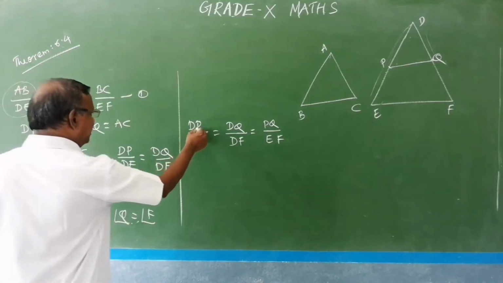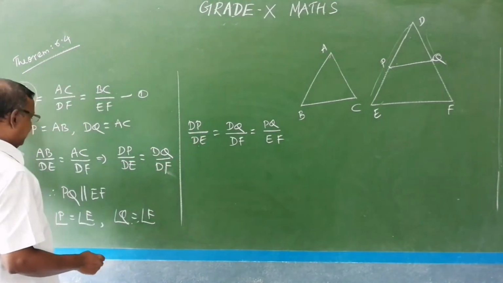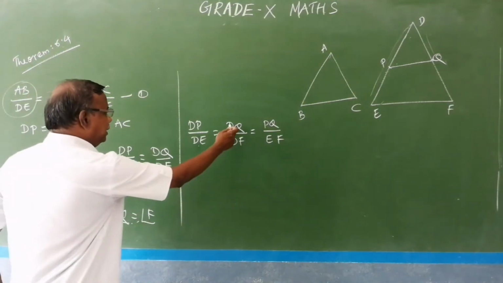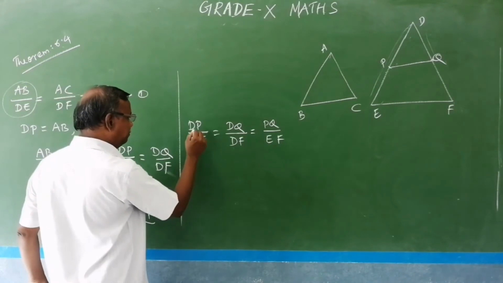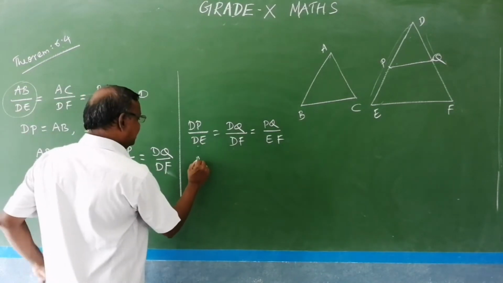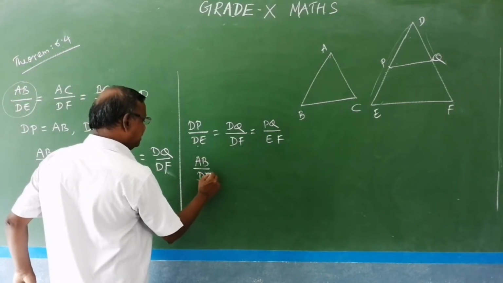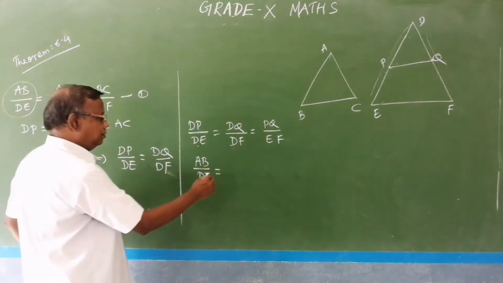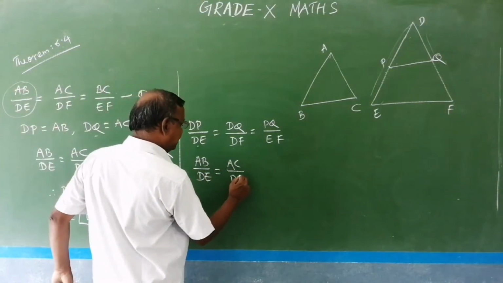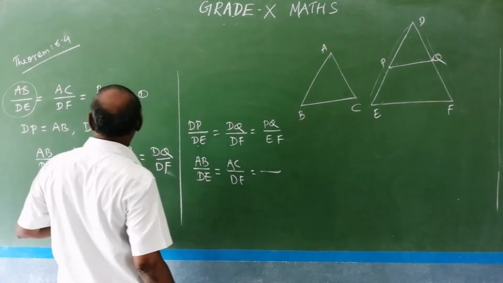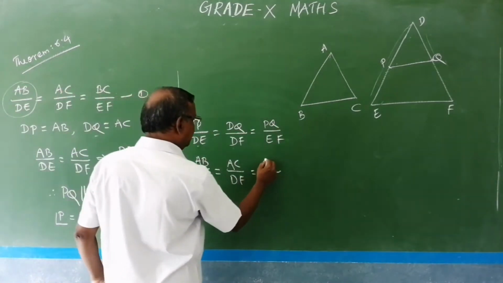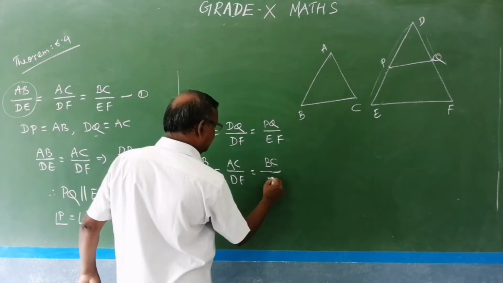Here DP by DE is nothing but AB by DE, because DP and AB are same, and DQ by DF means AC by DF equal to PQ by EF, so instead of PQ we can replace BC, so it is BC by EF.